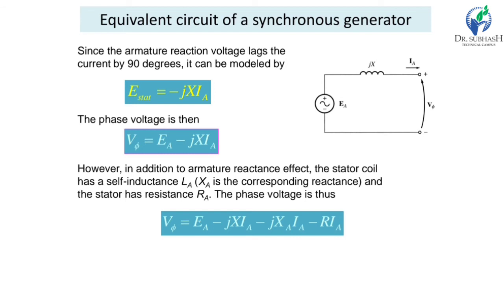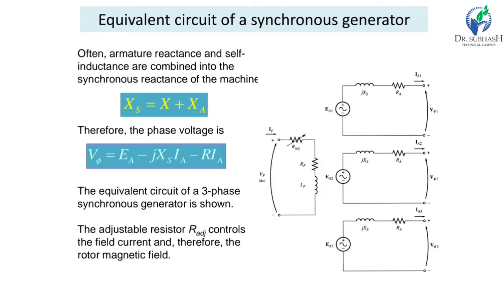When the effects of the armature reaction and self inductance are combined, the synchronous reactance of the generator is X suffix S, equal to X plus XA. The final equation becomes V phi is equal to EA minus j X suffix S I suffix A minus RA into IA.